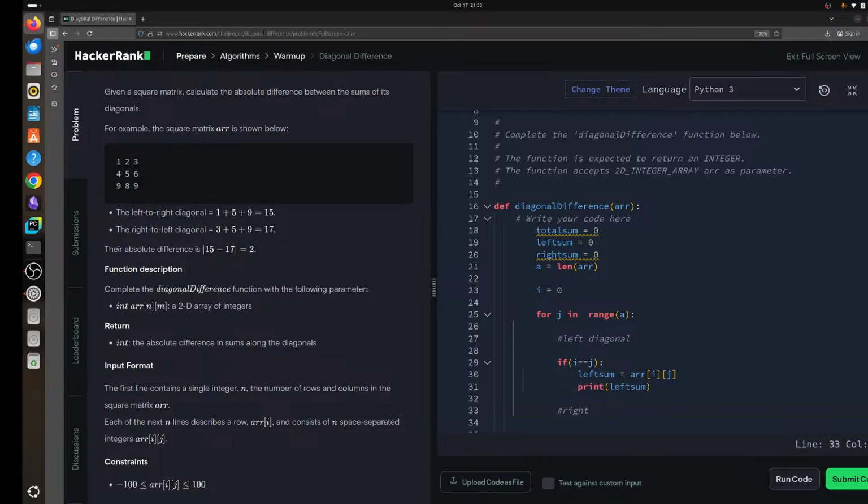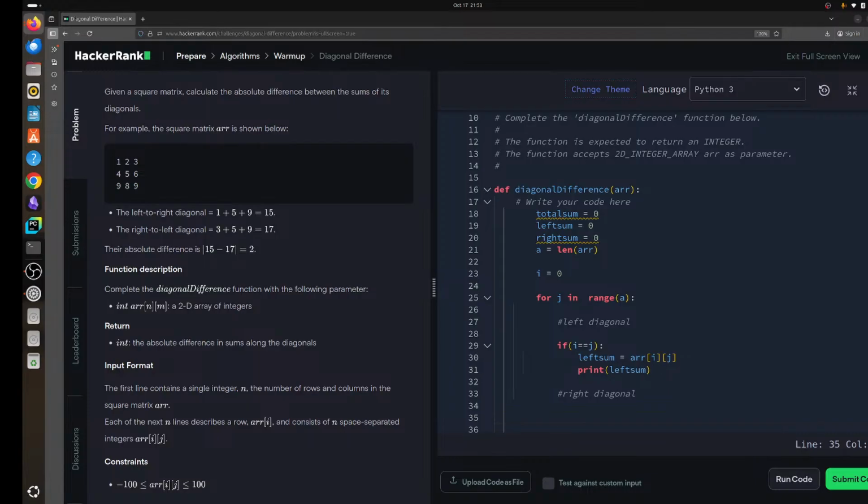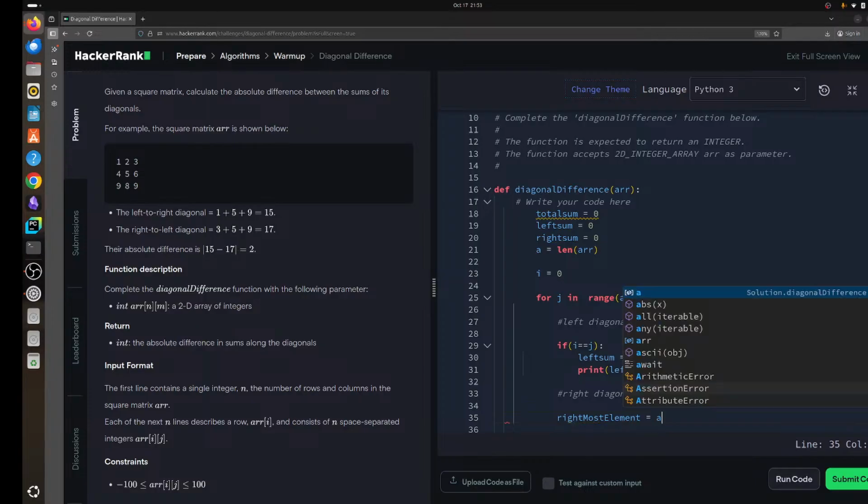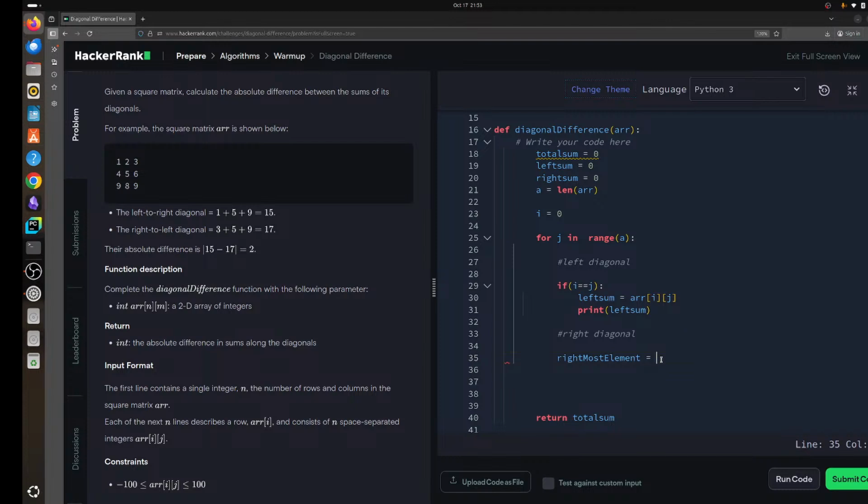The rightmost element is not the problem.